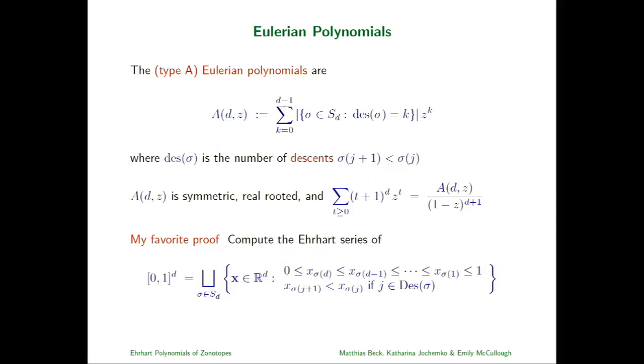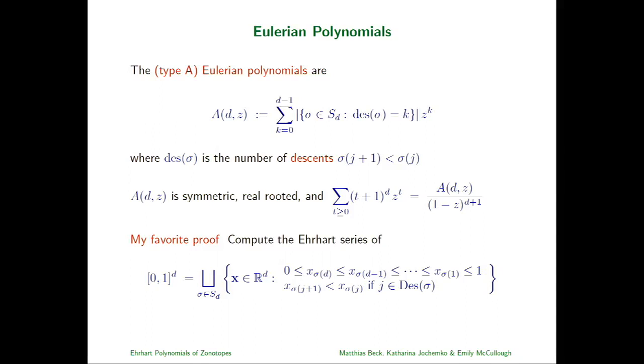If you take the unit cube and want to triangulate, here's one way to do that: you stare at any point in the unit cube and see how the coordinates are ordered. The coordinates follow some order, so that's a permutation.